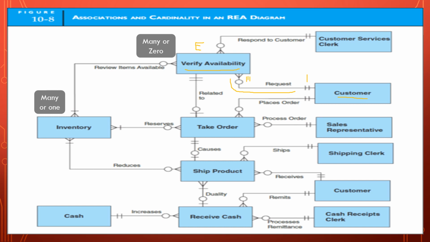So that's why, in most cases, when we have a record of agents with events, it will be 1 on the agent side and 0 or many on the event side.